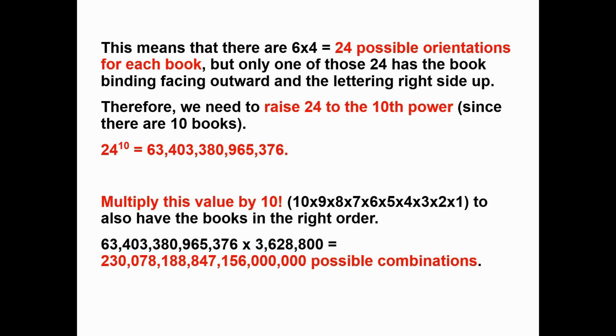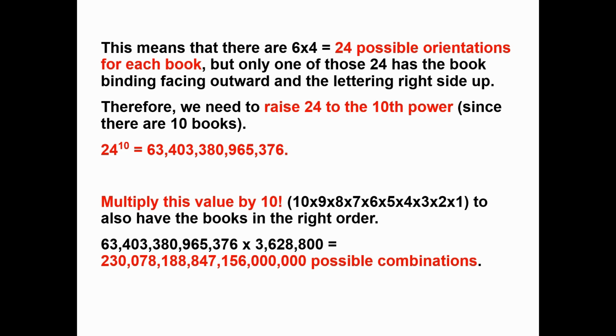Therefore, we need to raise 24 to the 10th power since there are 10 books. 24 to the 10th power is 63,403,380,965,376 possible orientations. Now you have to multiply this by 10 factorial to get the books also in the right order.